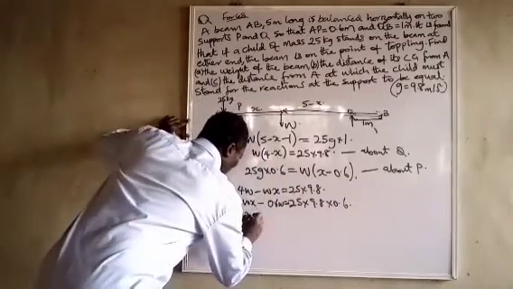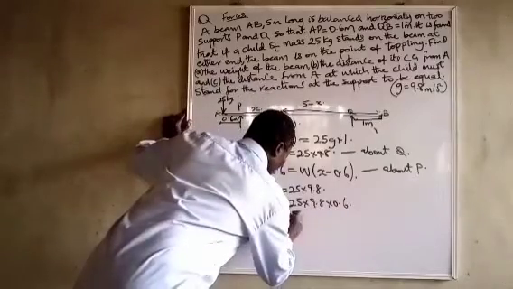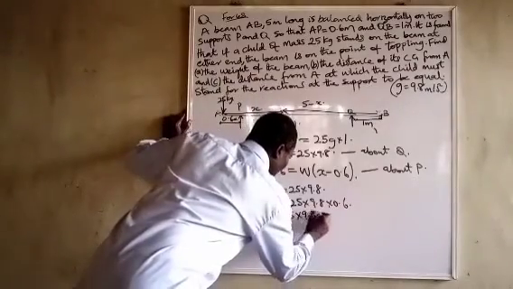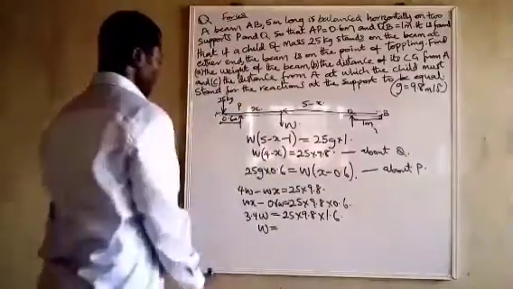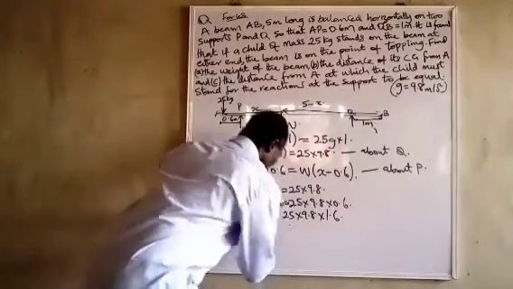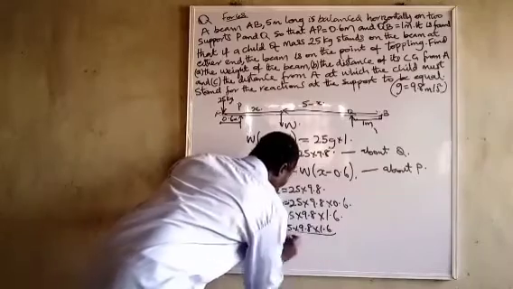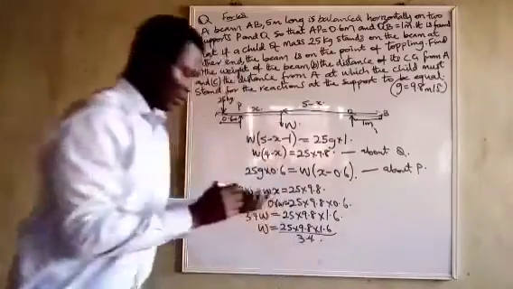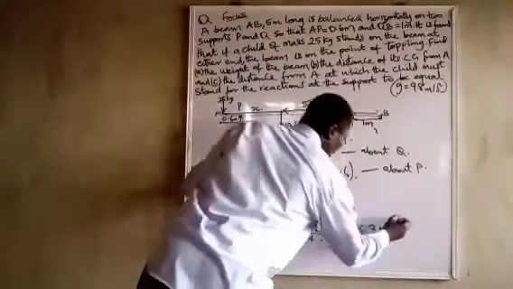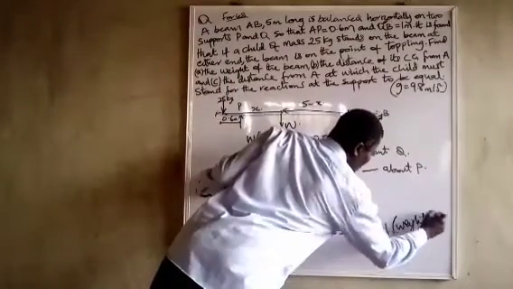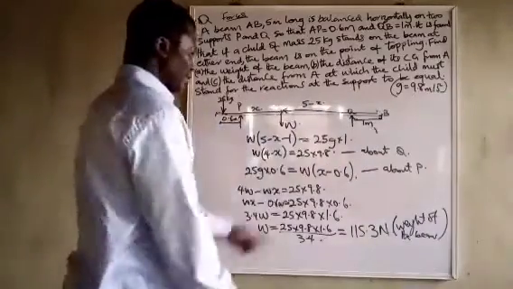I'm going to have 3.4W equal to 25 times 9.8 times 1.6. So the weight of the beam W will be equal to 25 times 9.8 times 1.6 over 3.4. Let me work that out. The weight of the beam is 115.3 Newton.